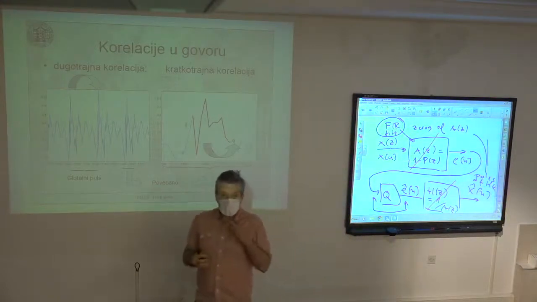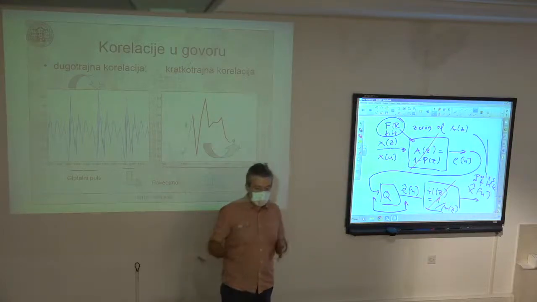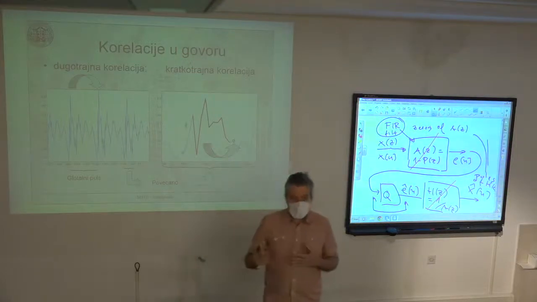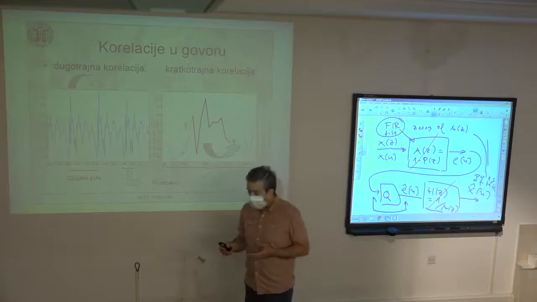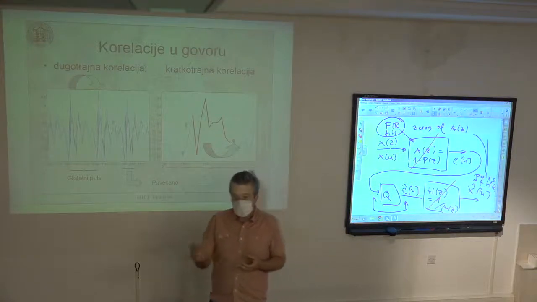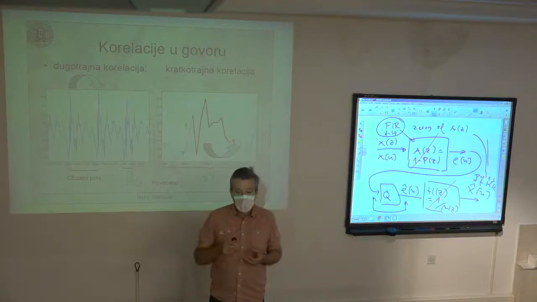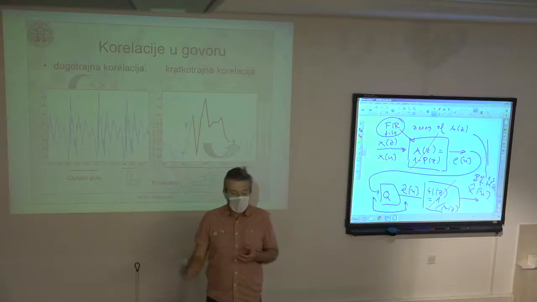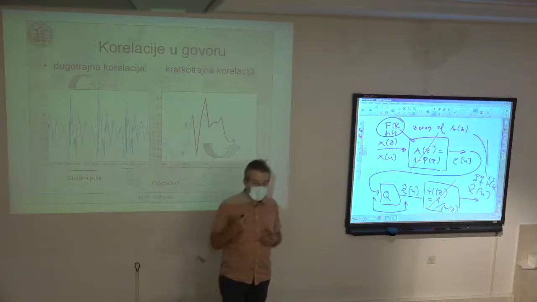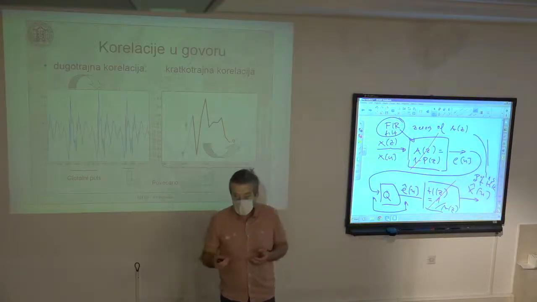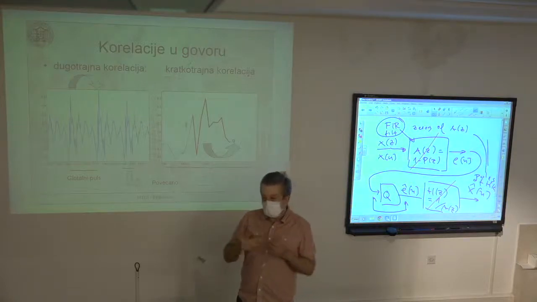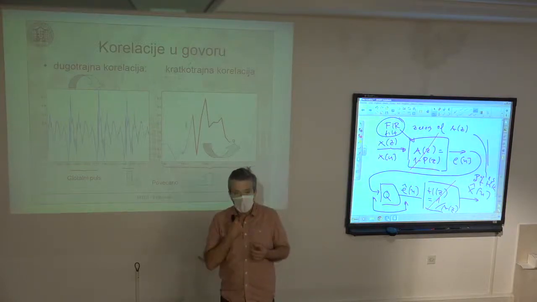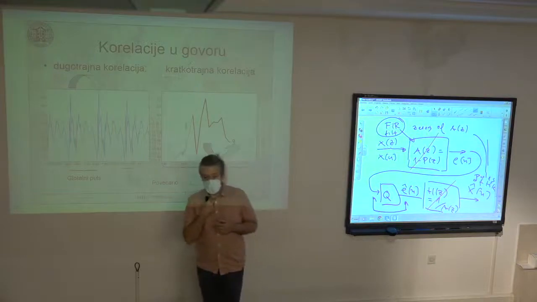So only certain sounds are voiced sounds, others are unvoiced. For example, if I have the consonants B and P, one is voiced, the other is unvoiced. They are pronounced in a similar way, but the main difference is whether the vocal folds are vibrating or not.